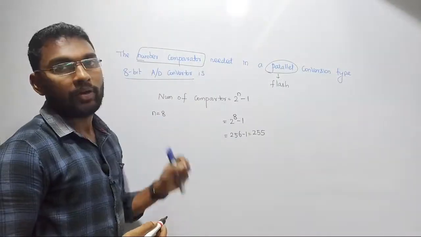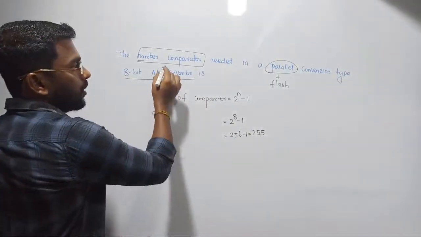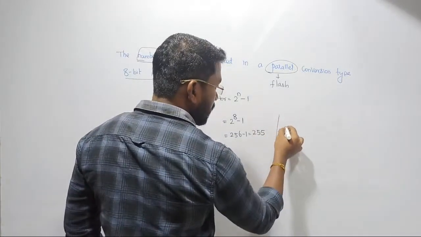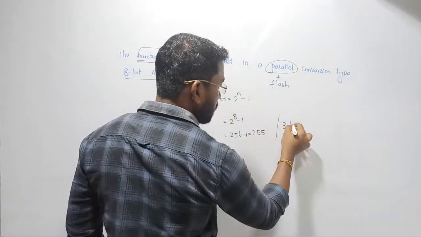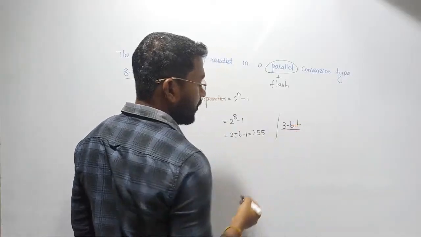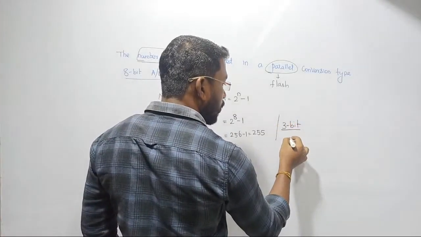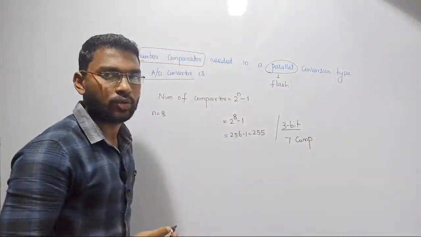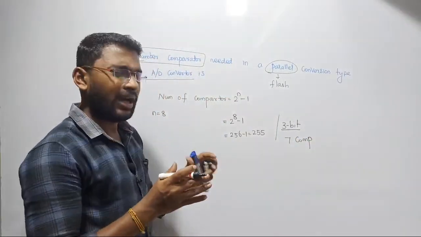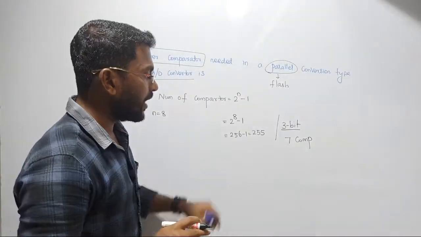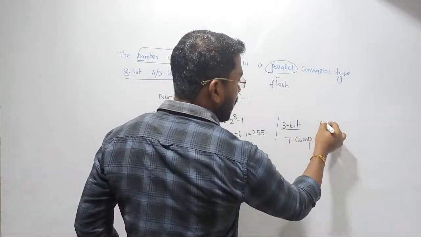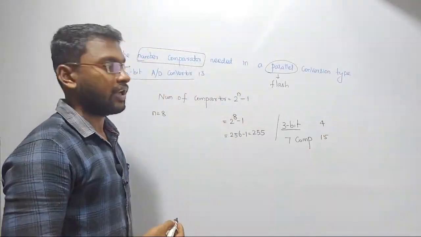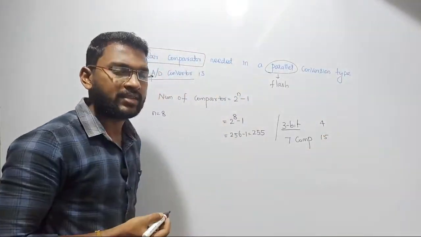That's a drawback. Your flash or parallel type converter is limited to 3-bit data, because for 3 bits you need only 7 comparators. Of course it is expensive, but I can tolerate it. If you go up to 4 bits, then 2 power 4 minus 1, that is 15 comparators, are required.